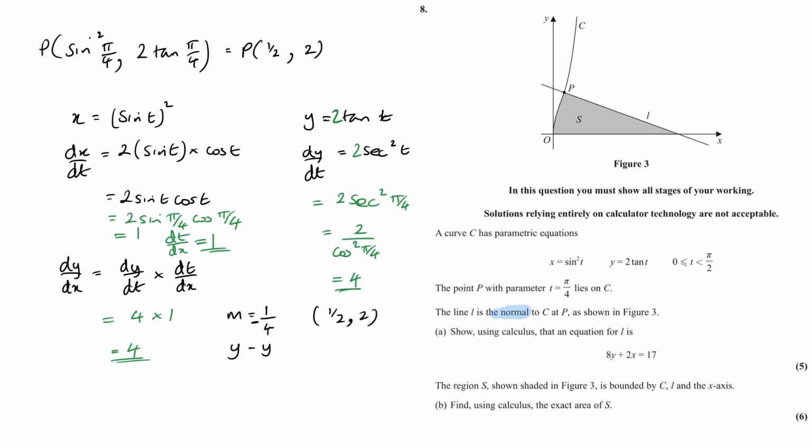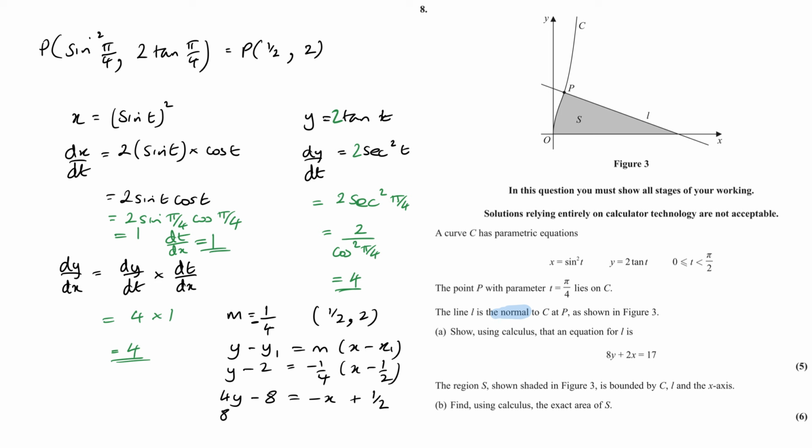So using a trusty formula of y minus y1 equals m(x minus x1) gives me y minus 2 equals minus 1/4 (x minus 1/2). Now I'm going to start off with multiplying up by 4. I always do that, so I do it in one go. So 4y minus 8 equals minus x plus 1/2. Now I need to multiply by the 2.